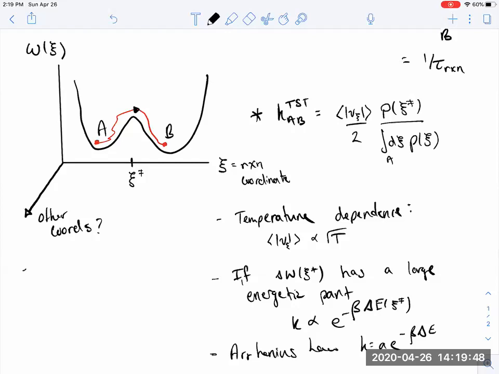If we go back to just our isomerization of that cyano group, so we have some, say, acetonitrile that can isomerize. Well, the reaction coordinate might be the rotation of that cyano group.